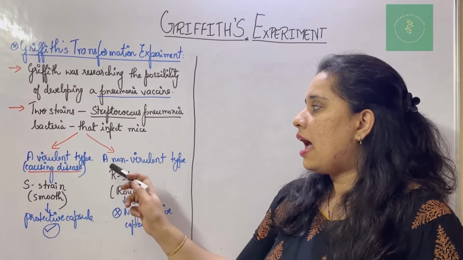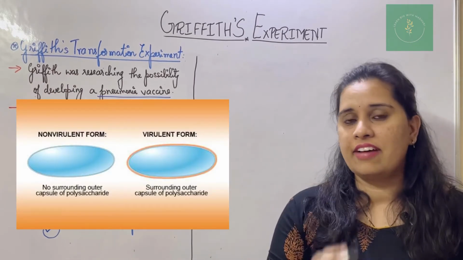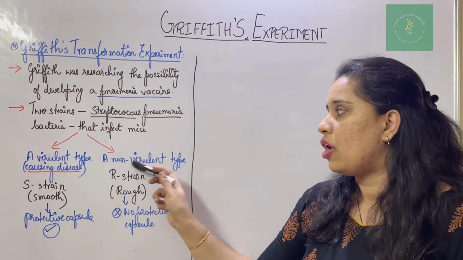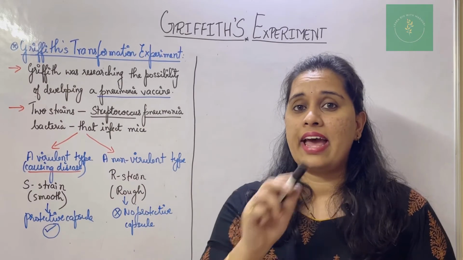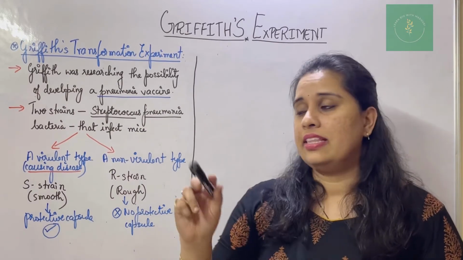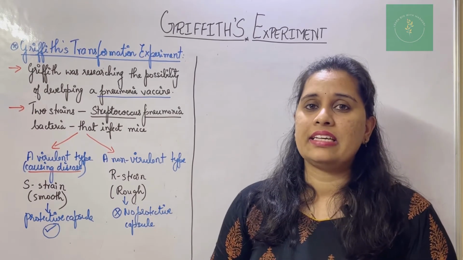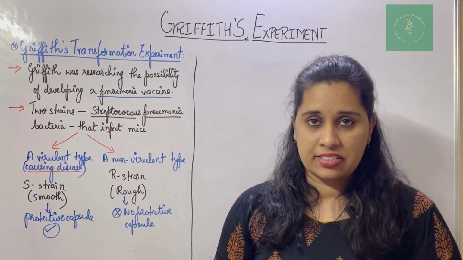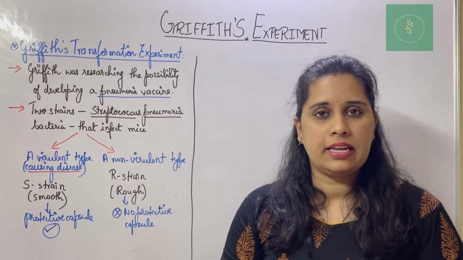And the second one is the R strain, which is also called the rough strain, and it is a non-virulent type of bacteria. Why? Because there is an absence of the protective capsule, plus it does not cause any kind of disease. That is why it's called a non-virulent or non-pathogenic type of bacteria.